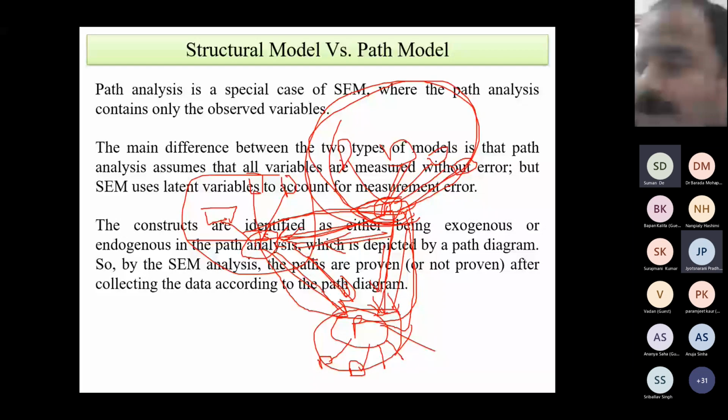From day one, we are saying that in case of SEM, the latent variables, or constructs, or factors are unobserved. That means the value of a latent variable is derived from the indicators. The indicators are nothing but the items in your questionnaire. So the indicator values we got from the questionnaire. Now, once you have the indicator values from the questionnaire, you make a data imputation.